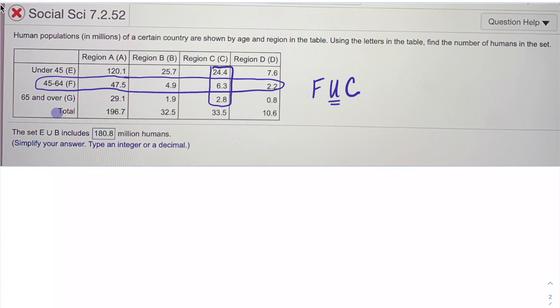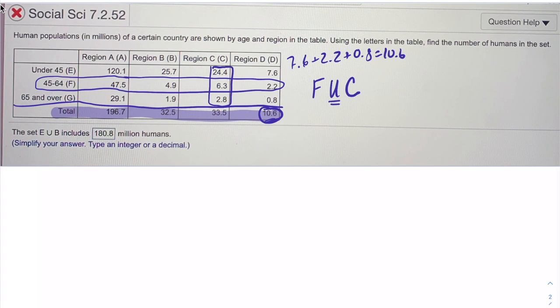Remember, this total line, you can't get confused and add that in because that's double counting, right? This 10.6, for example, is 7.6 plus 2.2 plus 0.8 equals 10.6. So you don't double count that. You don't want to call that region C.